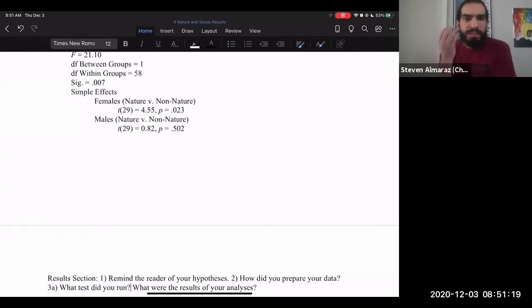And that's going to be the same for everybody in this class because you all ran a factorial ANOVA. Not everybody ran a 2x2 though. So some of you, one group ran a 3x3. So yours will be slightly different, but what test did you run is 3A. And then 3B is basically what did those tests reveal?